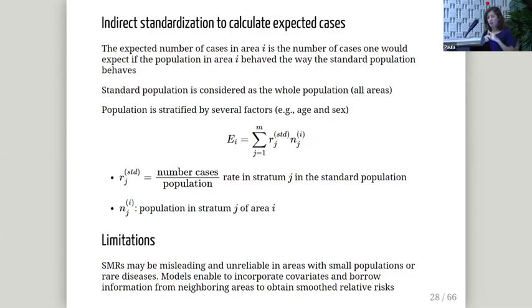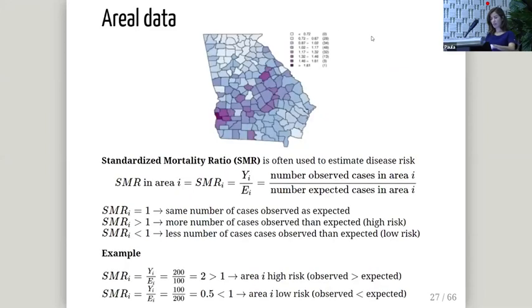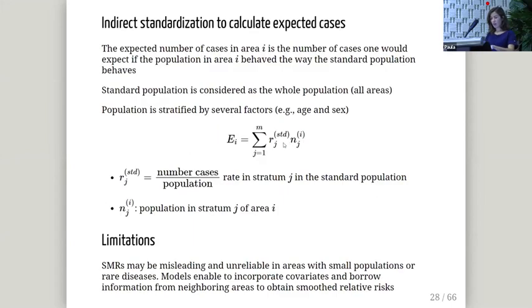Okay, so to calculate the expected counts, we consider the population and we stratify by several factors, for example age and sex. And this is the formula. We need to calculate the rates in the whole population, so the standard population is the whole state.